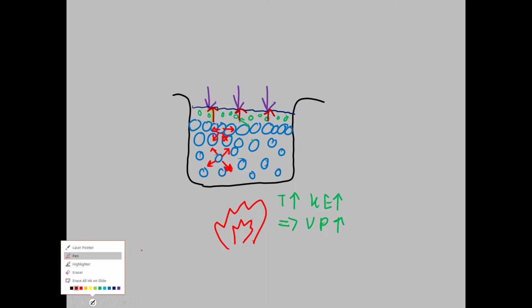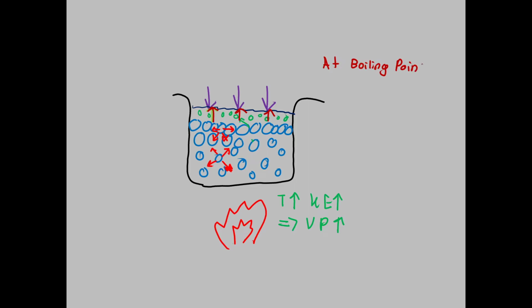So at the boiling point, the vapor pressure is equal to atmospheric pressure. At this point, there is no longer a pressure pushing it downwards, because the pressures are the same. So all of this becomes equivalent to the vapor pressure.